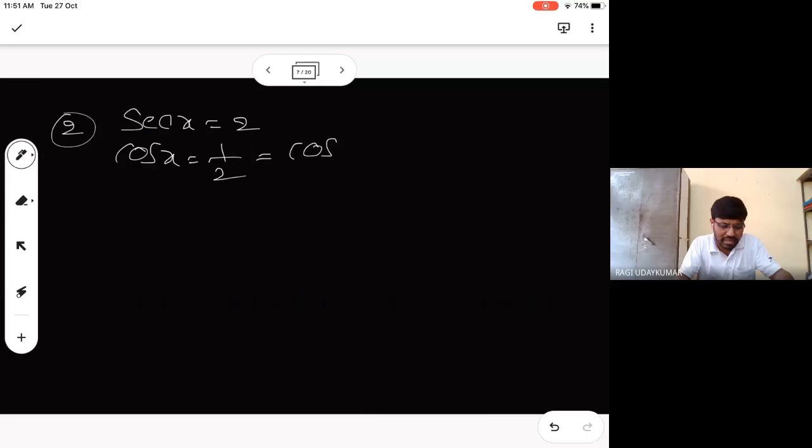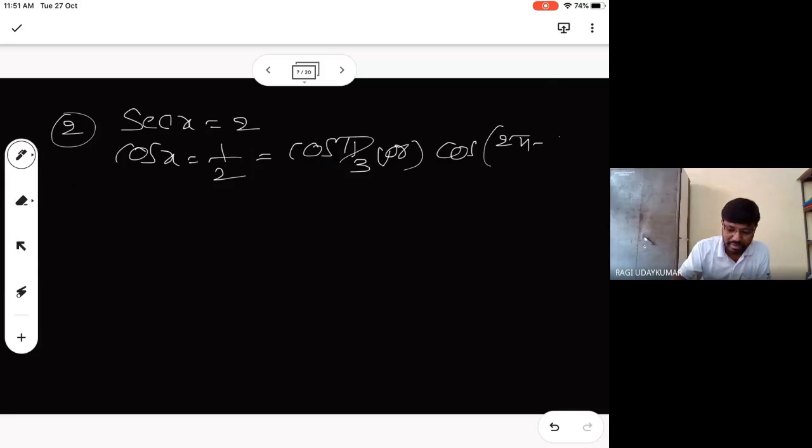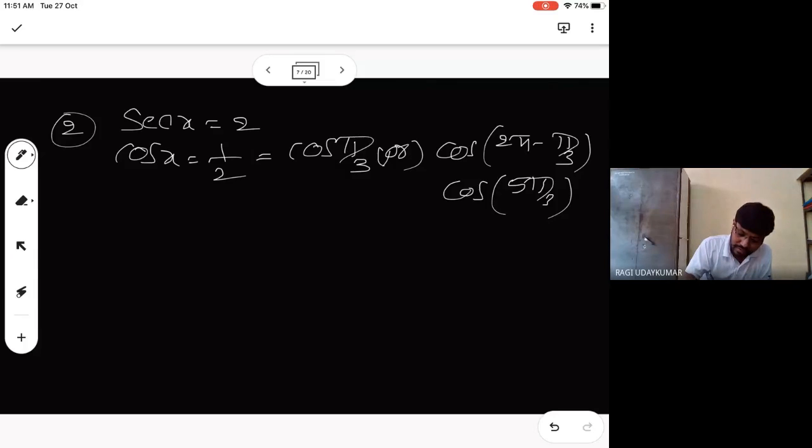Where does 1/2 come? In cos π/3. And once you get cos π/3, what is the other value? In the fourth quadrant it is positive: cos(2π - π/3), which is nothing but cos 5π/3. So the principal solutions are π/3 and 5π/3 for this.